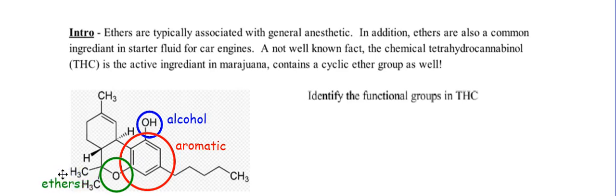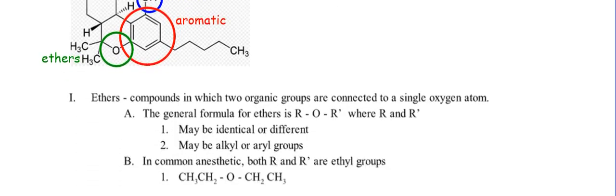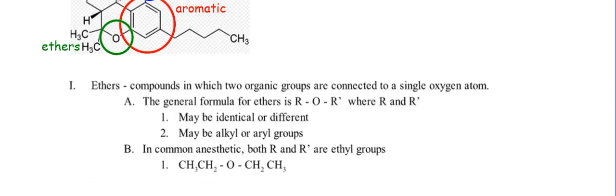So what is an ether? Well, let's find out. Ethers are compounds in which two organic groups are connected to a single oxygen atom. They're single bonded. The general formula for ethers is ROR, where you have two different carbon groups or identical carbon groups.